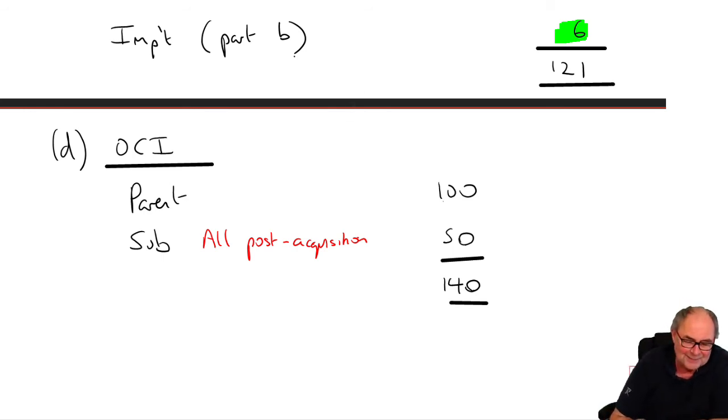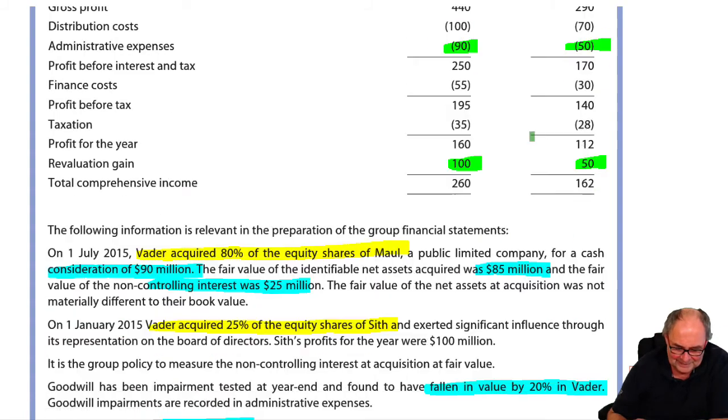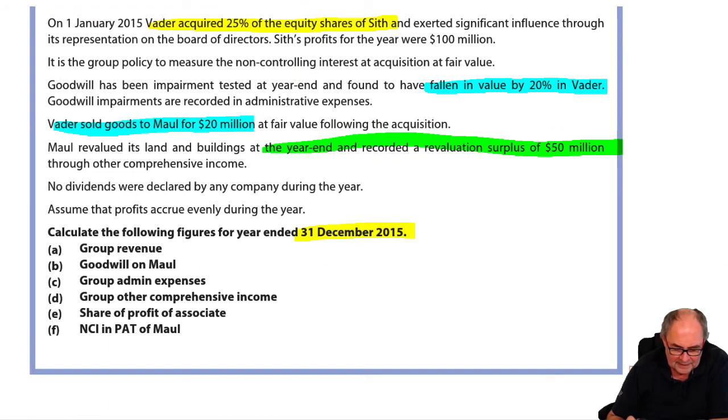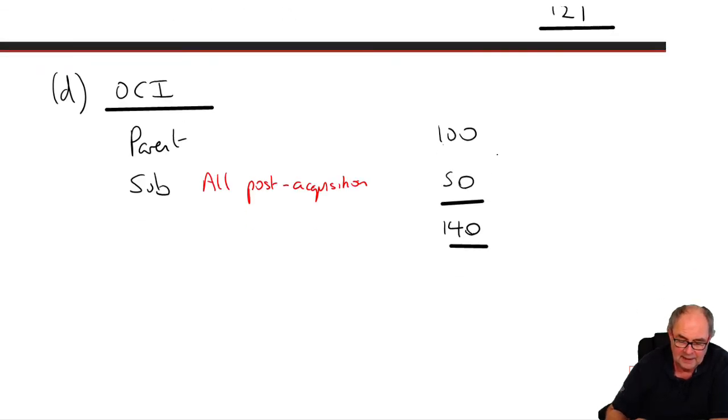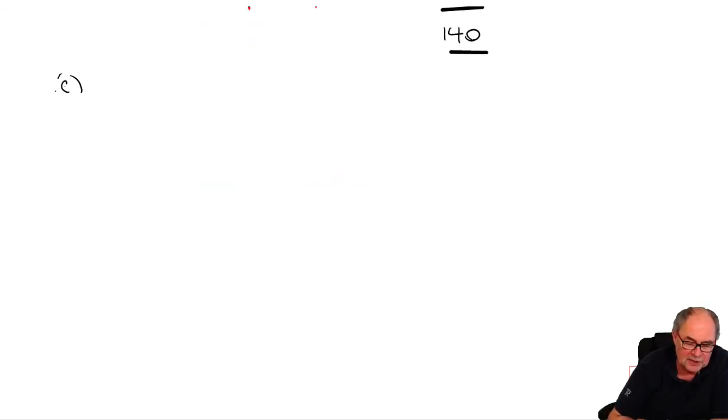What's next? E for Edward is to sort out the share of profit of the associate. So we're going to look now at the share of profit of the associate.